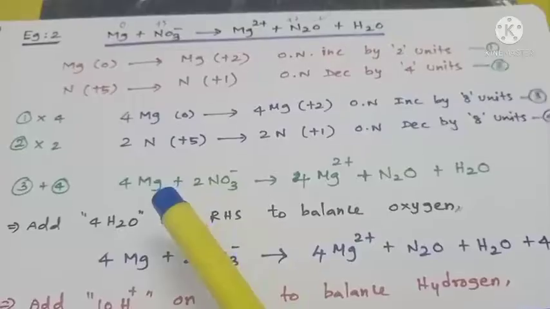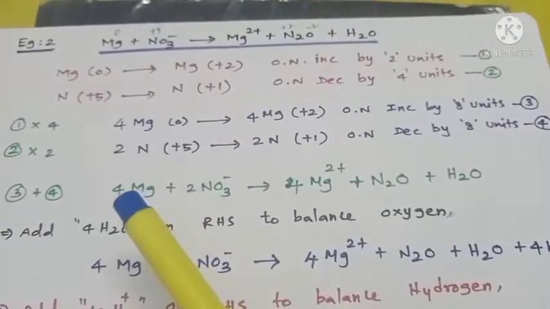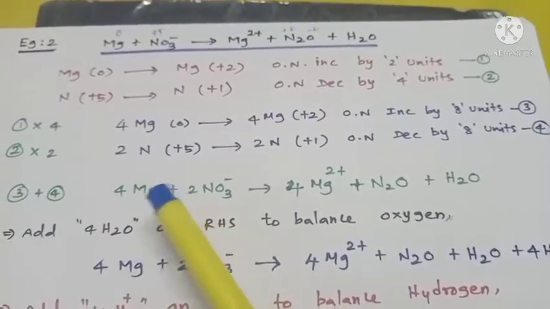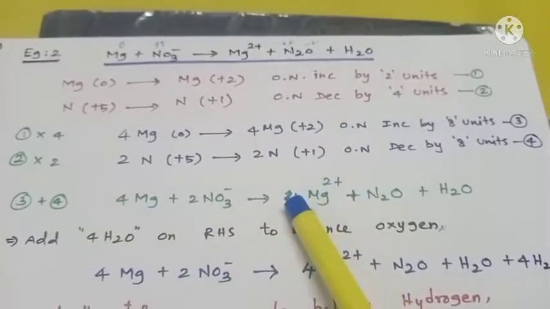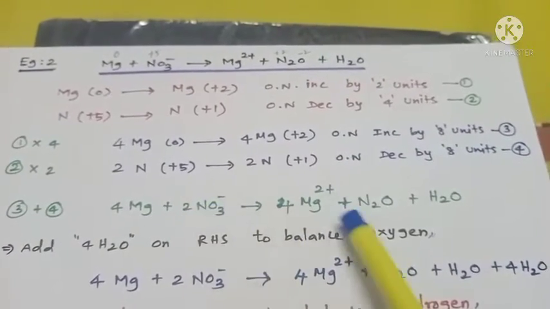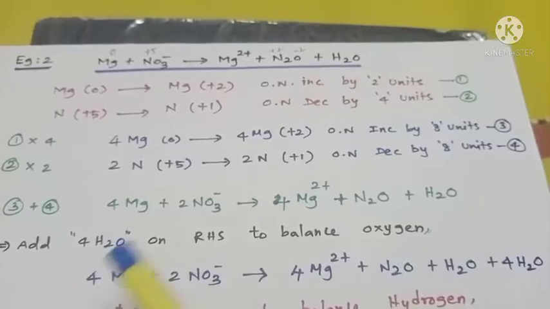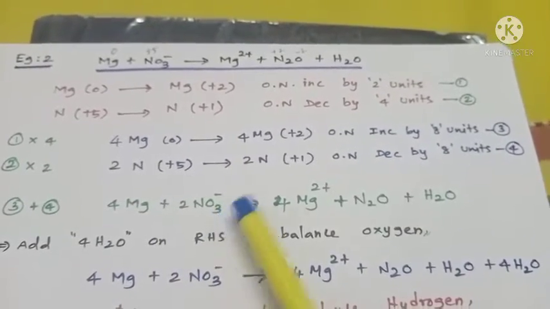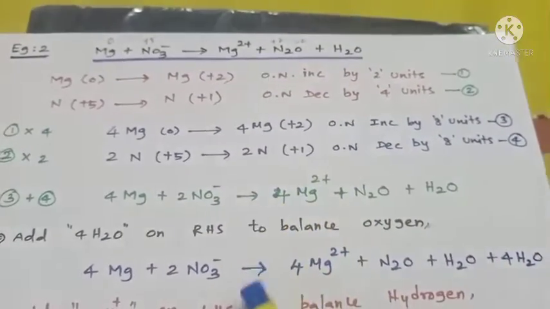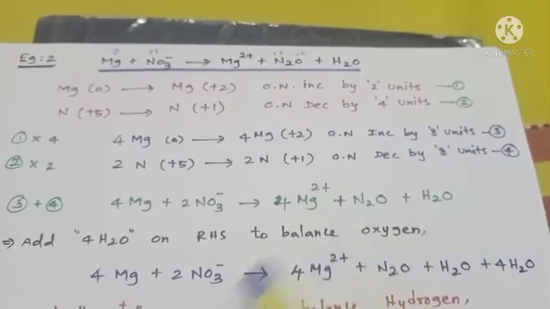Then according to the rule, first we have to balance the atoms which are oxidized and reduced. Magnesium, 4 Mg, balanced. Nitrogen, 2 nitrogen, right side also 2 nitrogen, balanced. Now what else is left? Only oxygen and hydrogen, isn't it? As we discussed already, oxygen, then finally hydrogen.